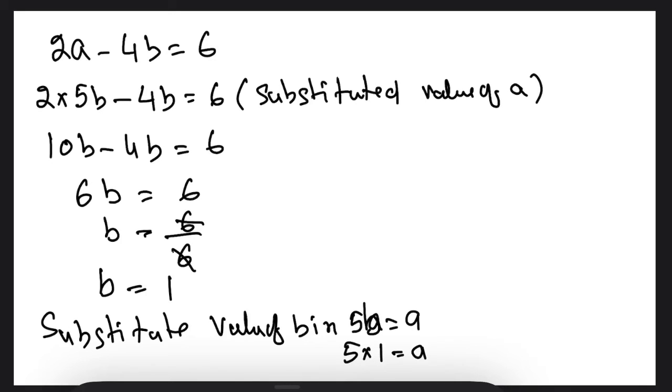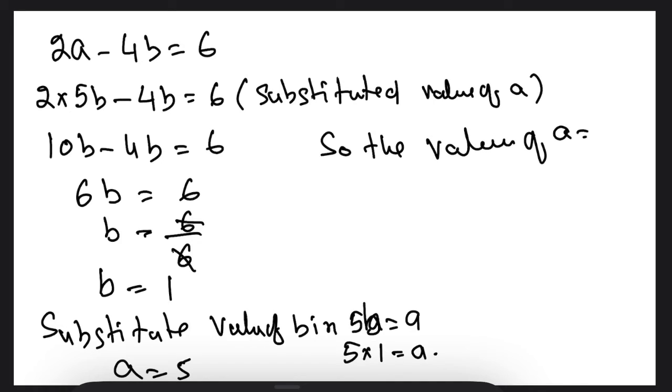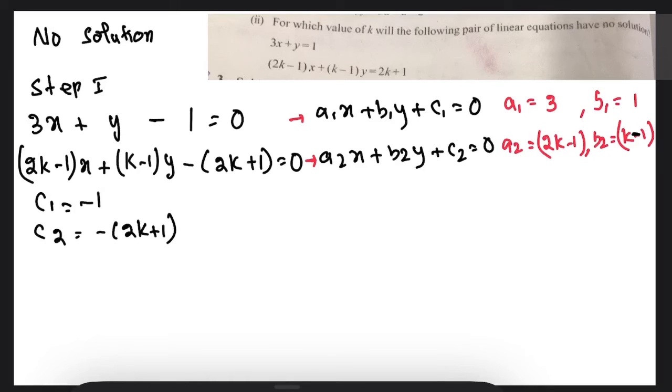So a equals 5. So the values are a equals 5, b equals 1. This is the answer. Got it? Let's do the next question.